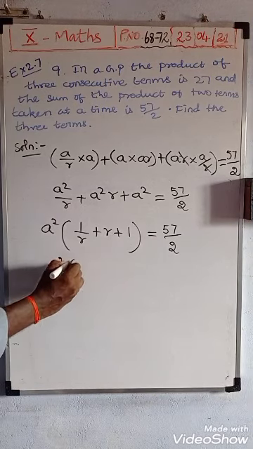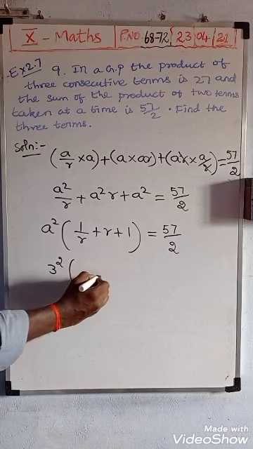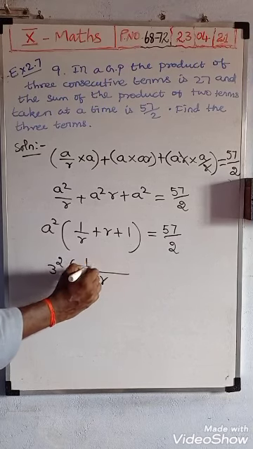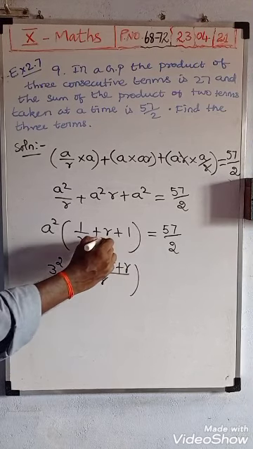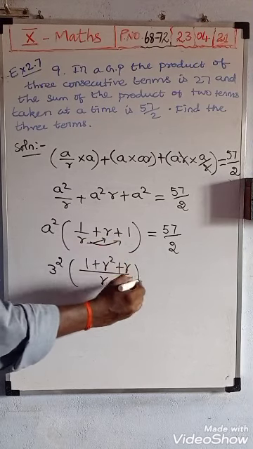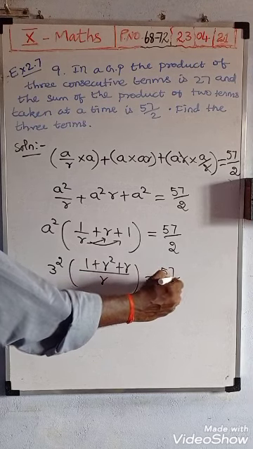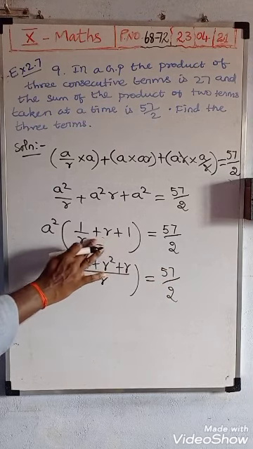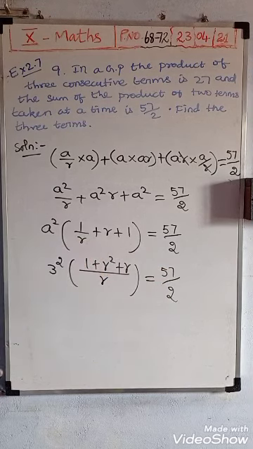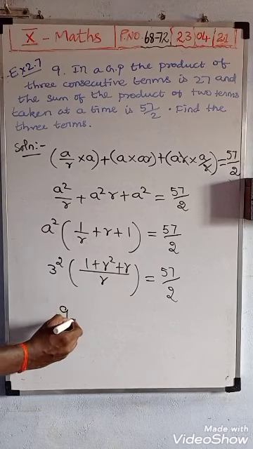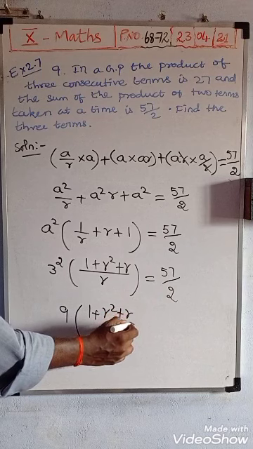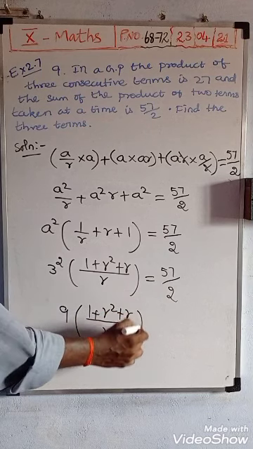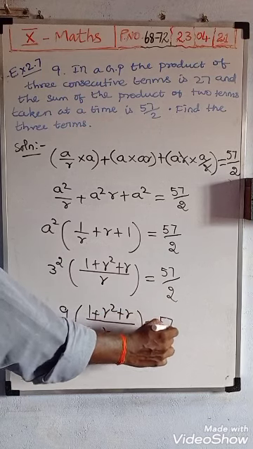So 3 squared, taking r as the LCM, r into 1 plus r squared plus r, divided by r, is equal to 57 by 2. Now next step, 3 squared means 9. So 9 times 1 plus r squared plus r, whole divided by r, is equal to 57 by 2.